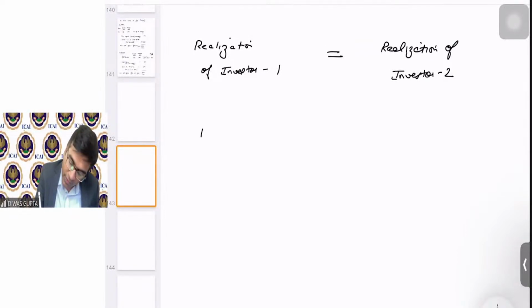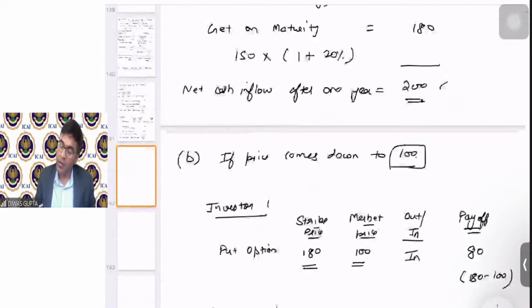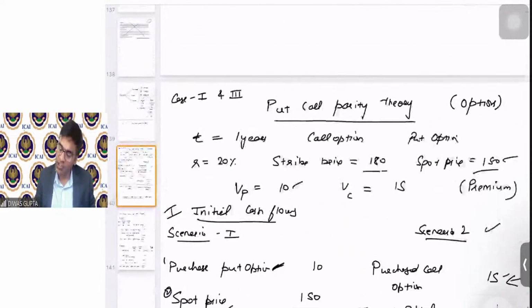Market forces will make their initial value also same. So investor 1's initial value will also become equal to the investor two's initial value. So what will happen in such a case, students? The value of call and put will change.